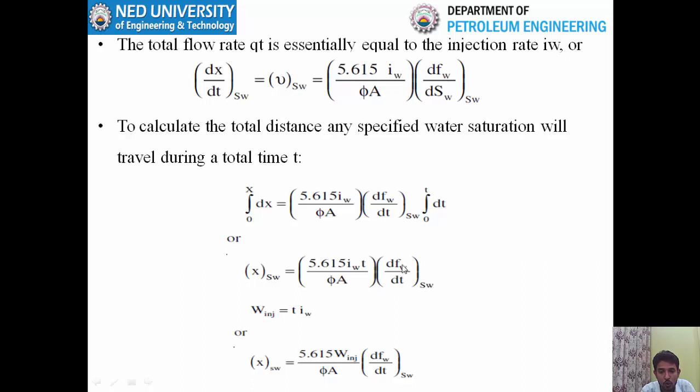So you need the slope of Fw versus Sw at a given saturation. And since we also know that cumulative water injection is basically t times Iw, the position of the waterfront can be calculated from this equation.